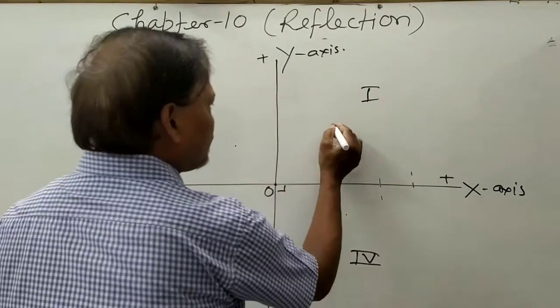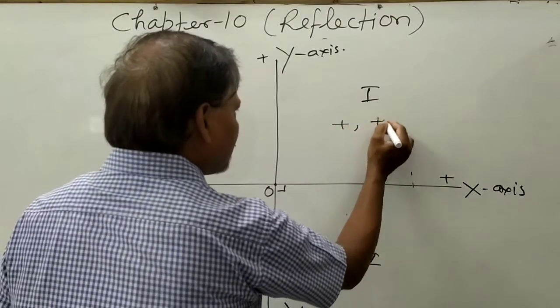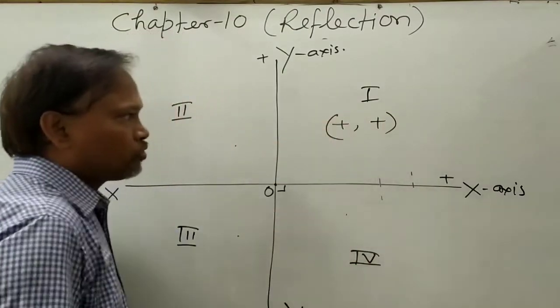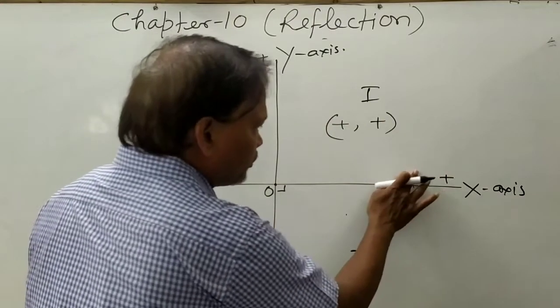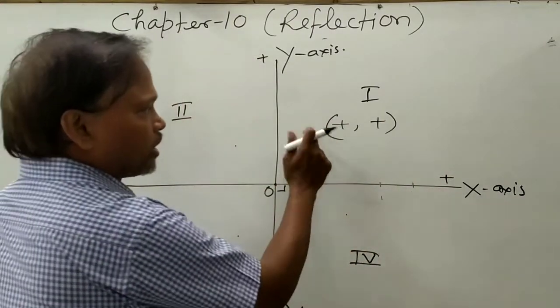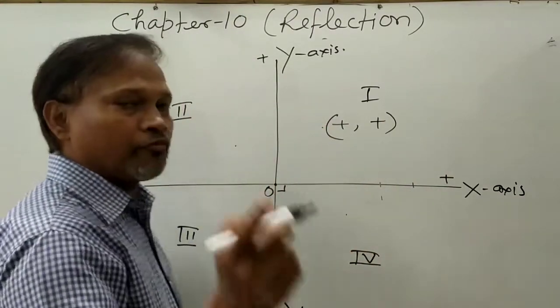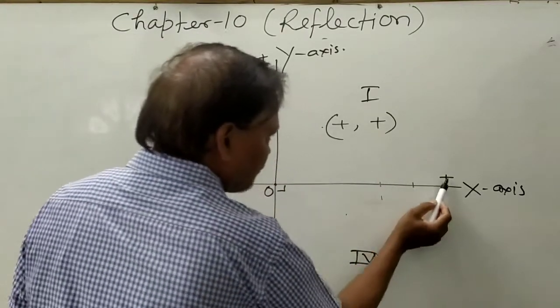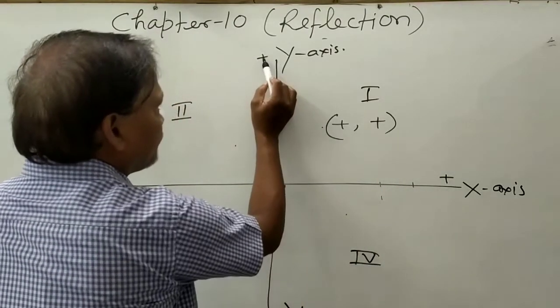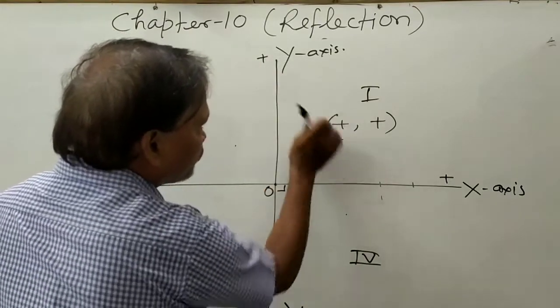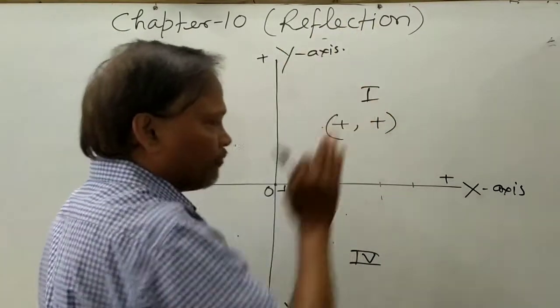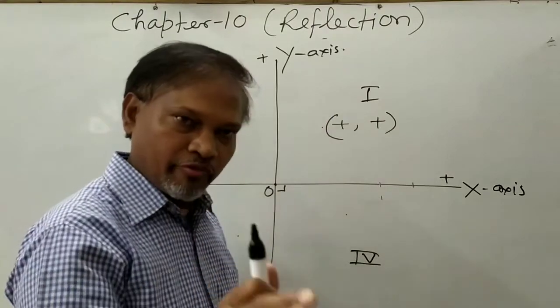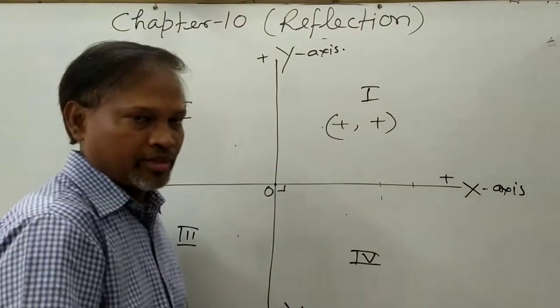If both the numbers are positive, it means you have this type of point in the first quadrant. क्यों? Because in the first quadrant, plus x axis, plus y axis, this portion has both positive x and positive y.